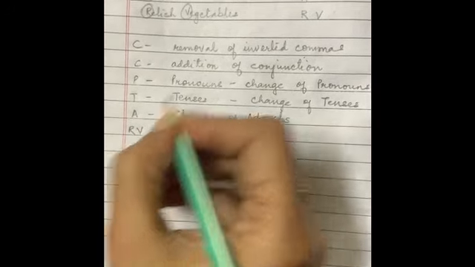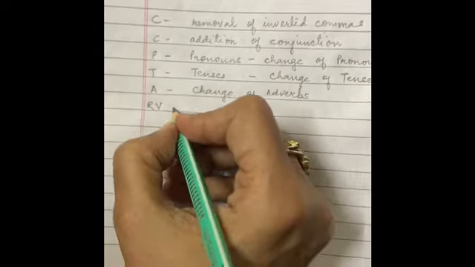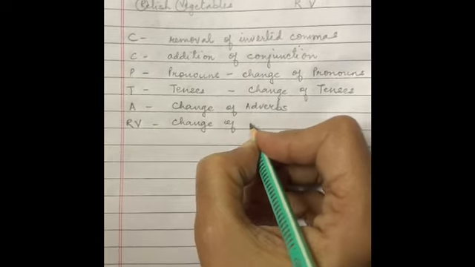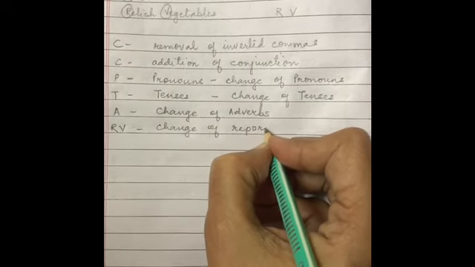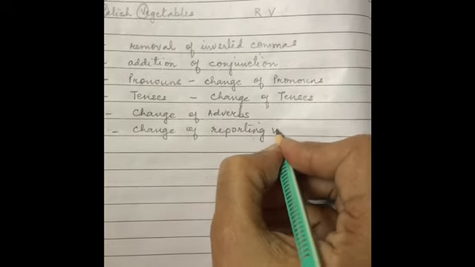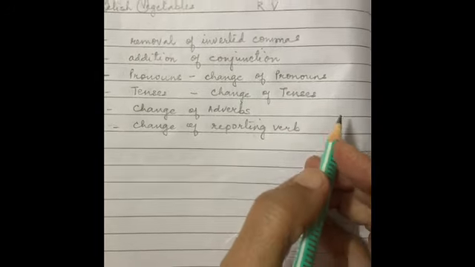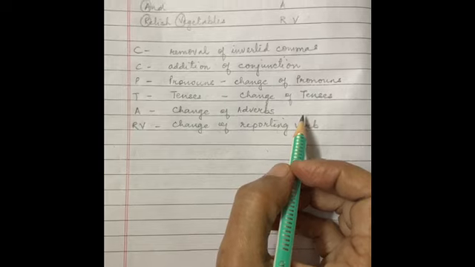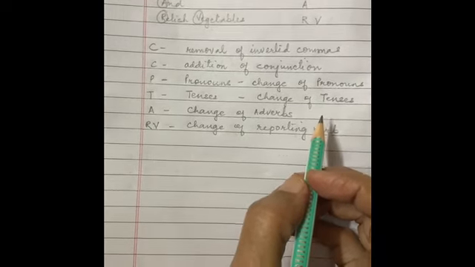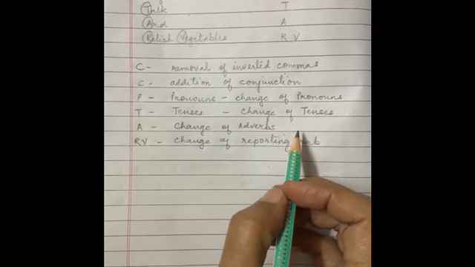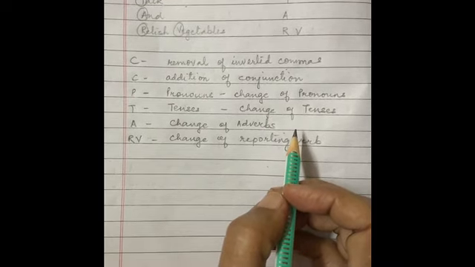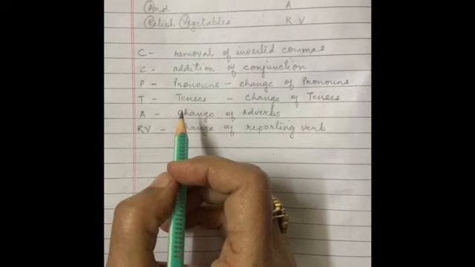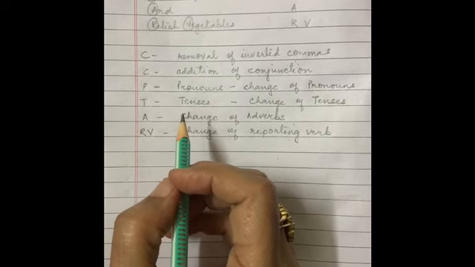Then comes RV. Change of reporting verb. You remember the verb before inverted commas? Because that also needs to be changed sometimes. Okay. So these are to be done while changing from direct speech into indirect speech.